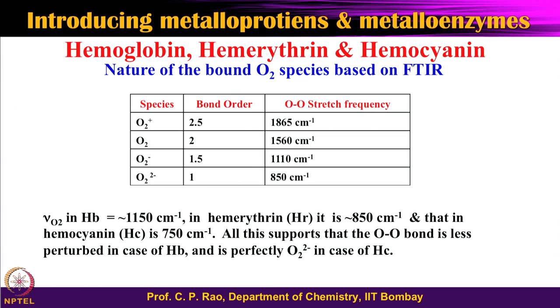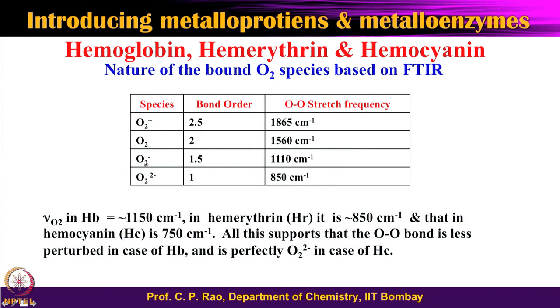Why? Because you are taking 1 electron out of the antibonding orbital. Bond order is the number of electrons in the bonding orbital minus the number of electrons in the antibonding orbital, divided by 2. Since you have taken 1 electron out of the antibonding orbital, you are increasing the bond order, and therefore your frequency will go up.